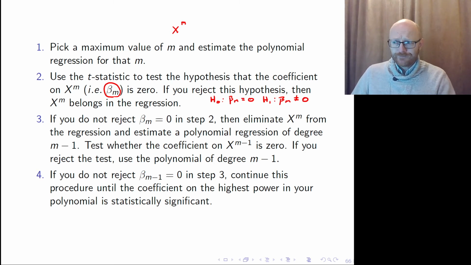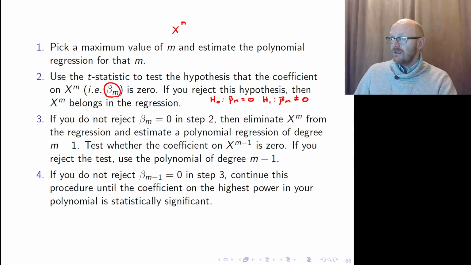So if you do not reject the null for beta m, then you just eliminate that variable in your regression, and you rerun the regression. Now the highest polynomial is x to the power of m minus 1, right?